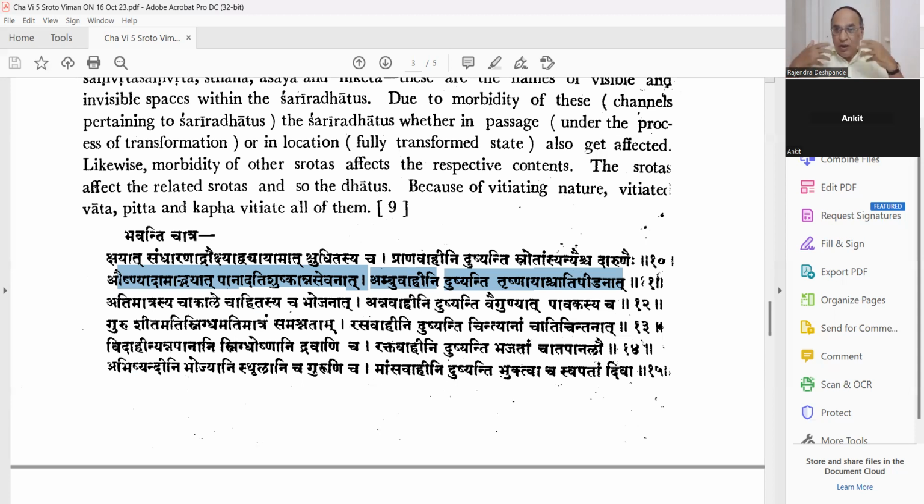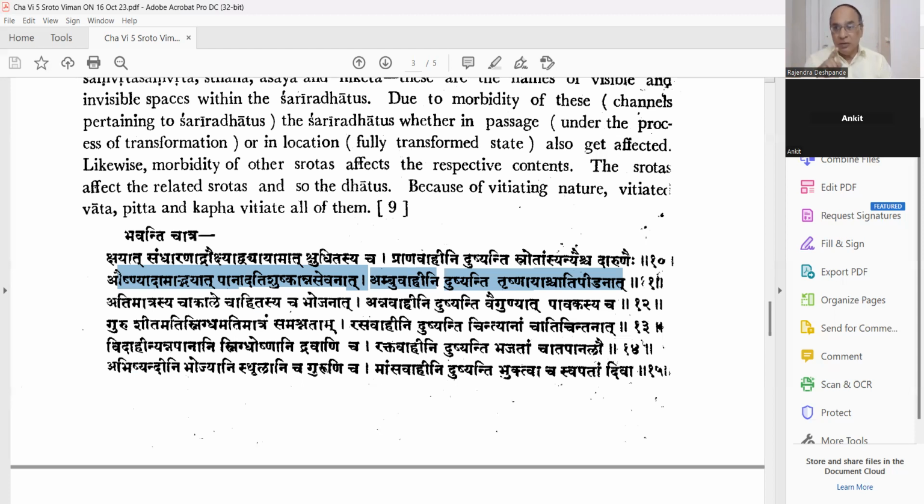If there is food adulteration or food contamination, then also the patient, to get rid of those toxins, is desiring a lot of drinking, excessive thirst is there, polydipsia. So that is one of the causes also for disturbing Udakvahasrotas. So these are the aukshnyat, amat, bhayat, panat, atishushkanna sevanat, ambuvahini.